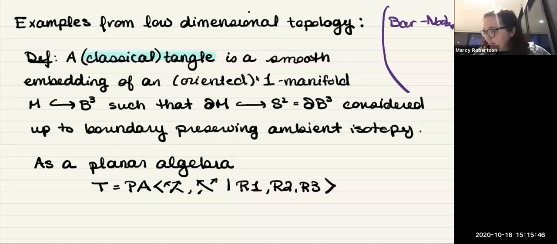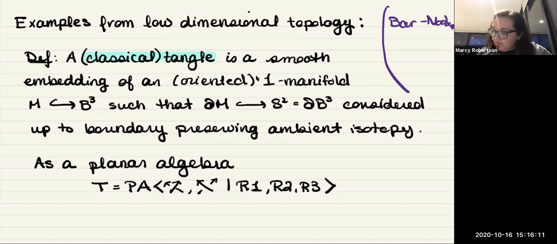So a classical tangle, so that we all have the same definitions, is a smooth embedding of an oriented one manifold into B3 where the boundaries are preserved, and it's considered up to boundary preserving ambient isotopy.